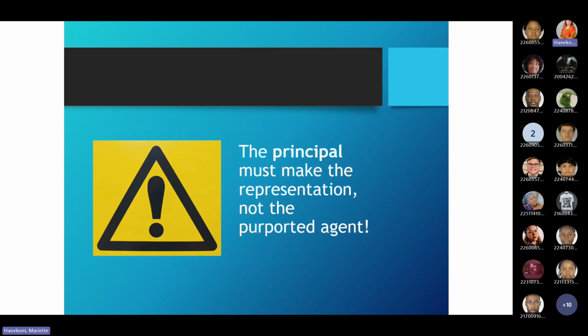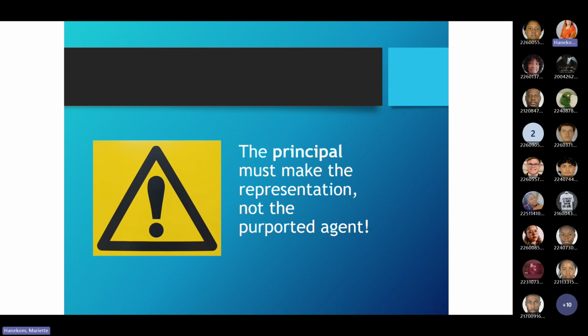Very important here is that this false impression, this representation, must have been created by the principal, not by the representative. If Roland had never bought anything for me previously, the shopkeeper doesn't know him at all.